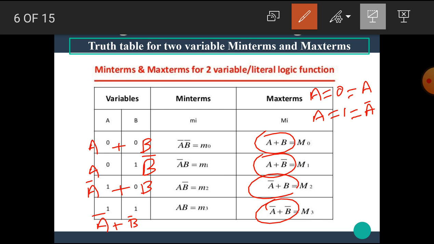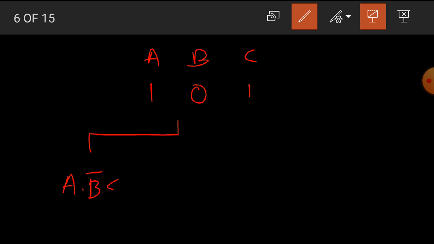I hope you all understand how to write the min terms and max terms for the given combination. For example, let's consider once again the variables a, b, c having the combination 1, 0, 1. We can write the min term for it as follows: a is equal to 1, so we write a, b equal to 0, hence b bar, c equal to 1, hence c.